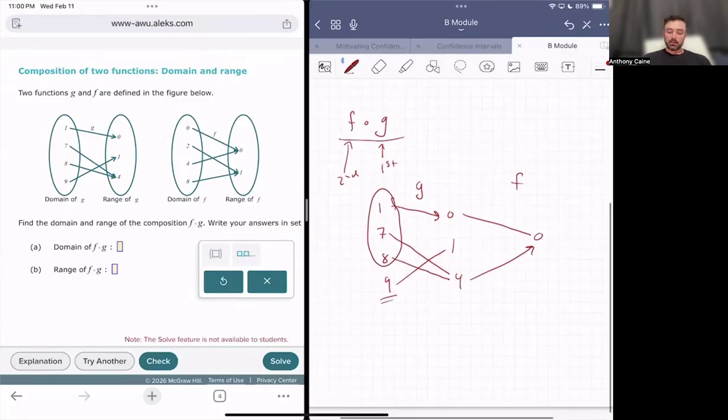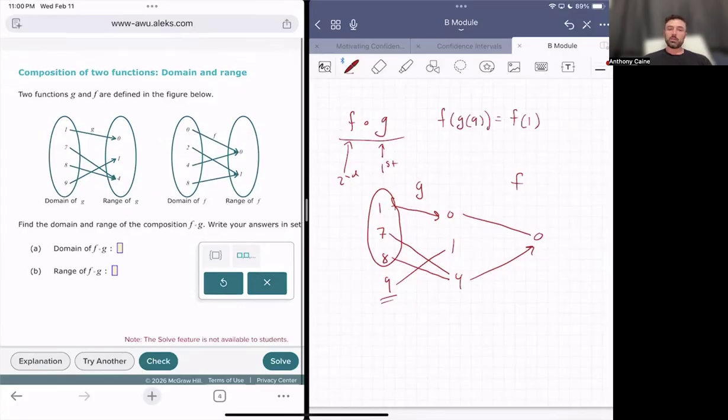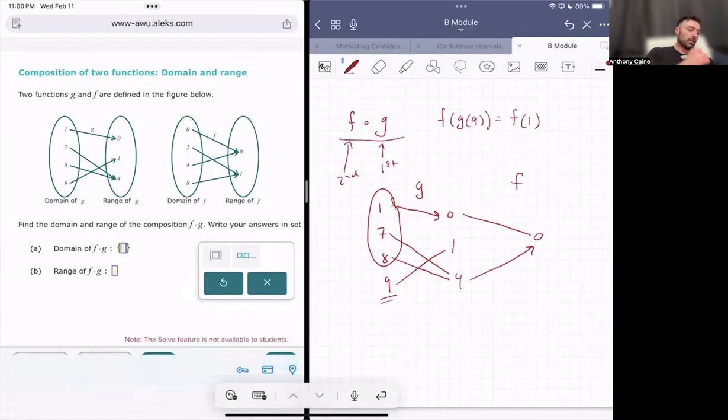You see, 9, it's probably not in the domain because if I were to ask someone to compute f of g of 9, then that's like asking them to compute f of 1. And if you look at your function f, I don't know what f of 1 is. It doesn't exist because 1's not in the domain of f. So we have to not allow ourselves to get there. So, okay, let's write this out. So this is 1, 7, 8.